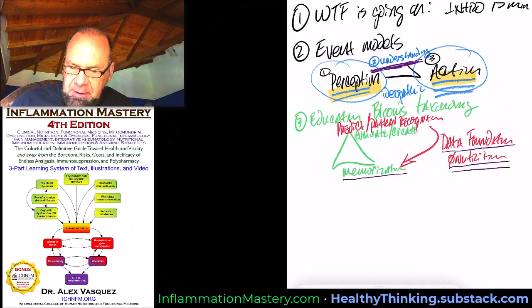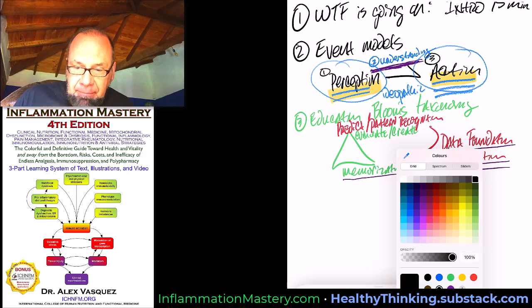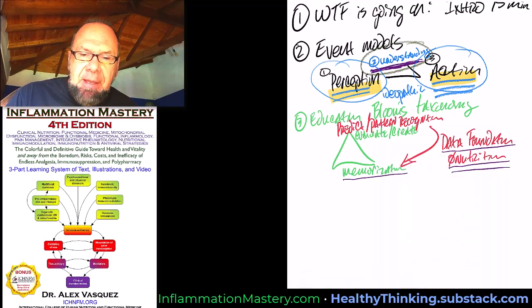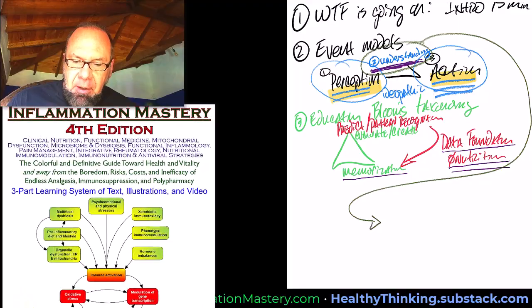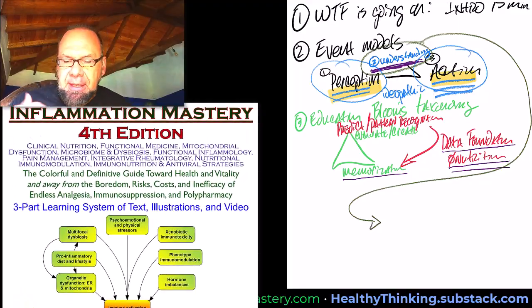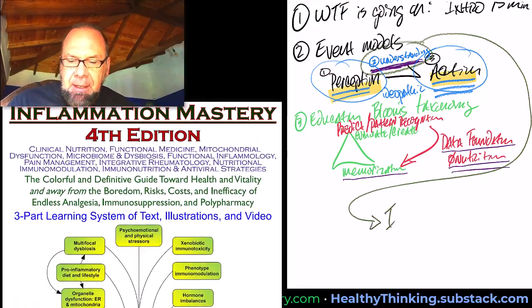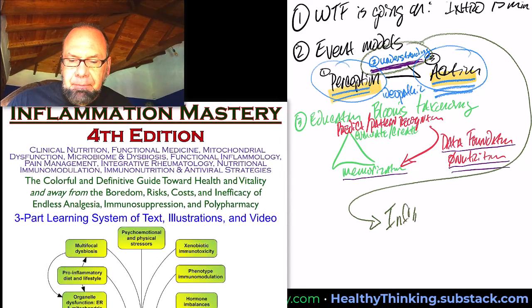Let me change colors. I guess I'll go to a dark green. So what I'm arguing ultimately in later parts of that video is that this deeper level of understanding would require, for example, the things that I talk about in Inflammation Mastery, 4th edition.